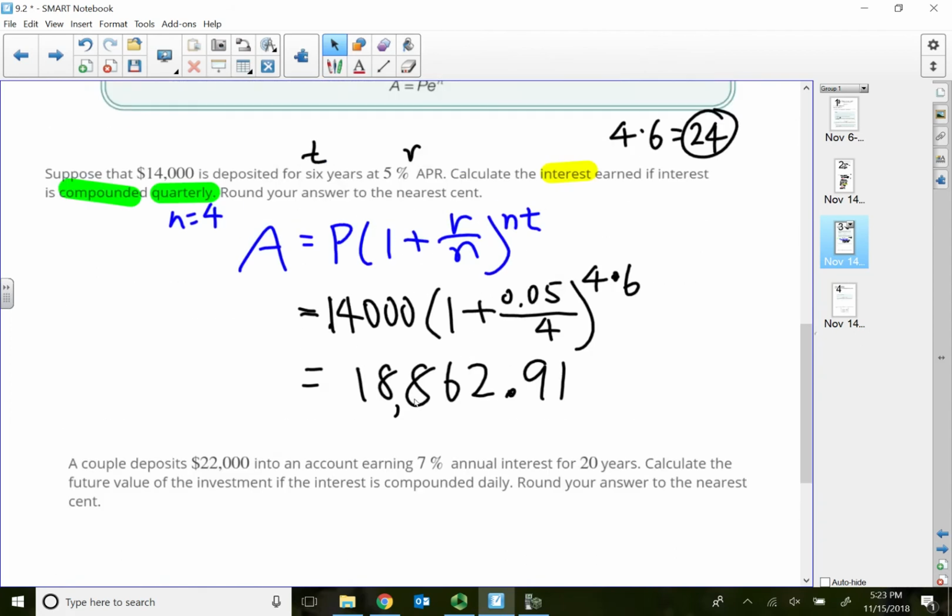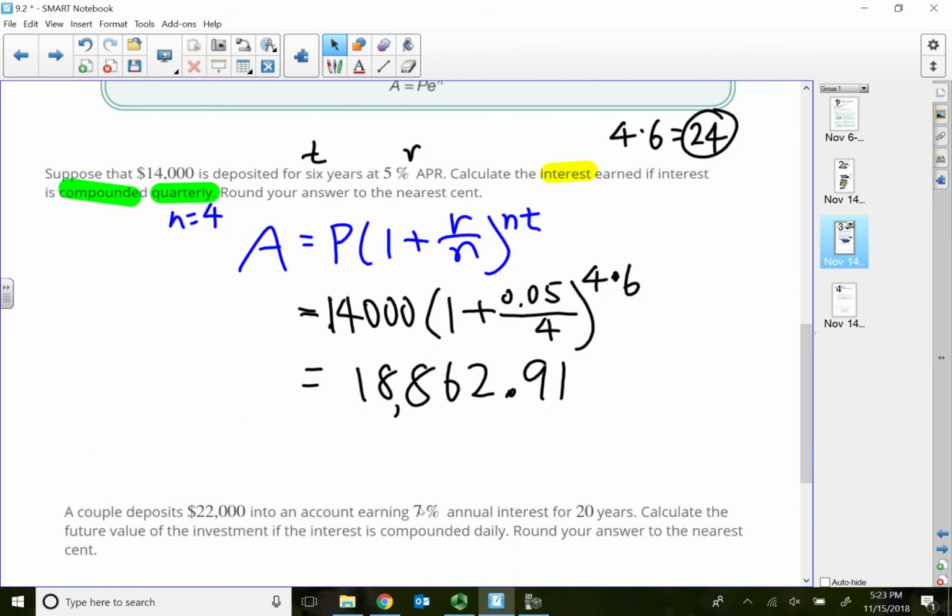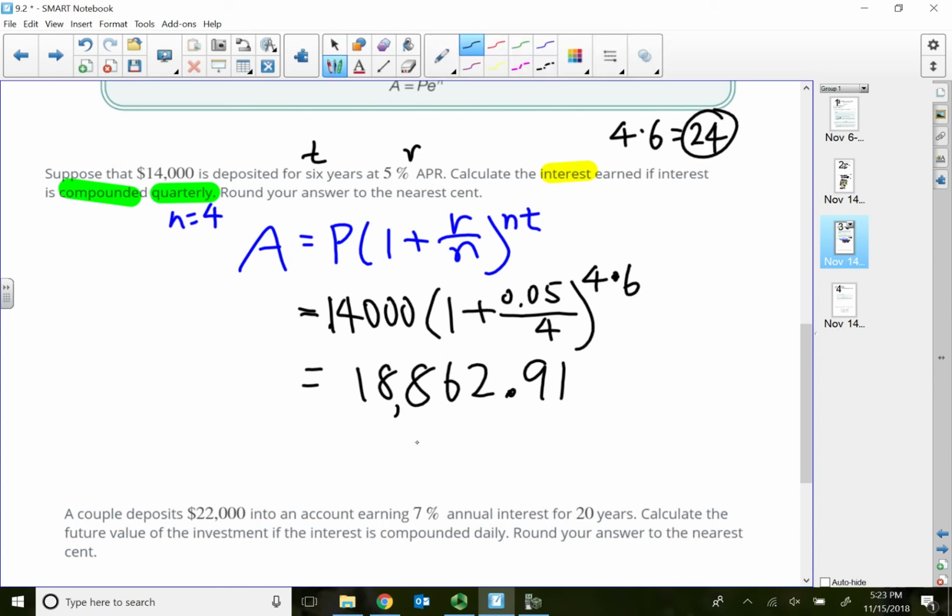Compound interest. I'm not quite done yet. This problem is asking for the interest earned. Inside this $18,000 is my principal, the $14,000 that I put into this account, plus the interest that you accumulated. To extract the interest, I need to subtract the 14,000.